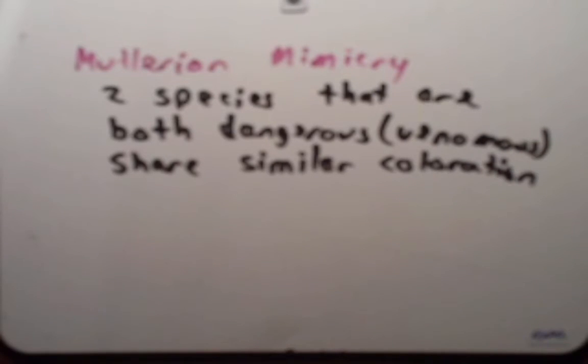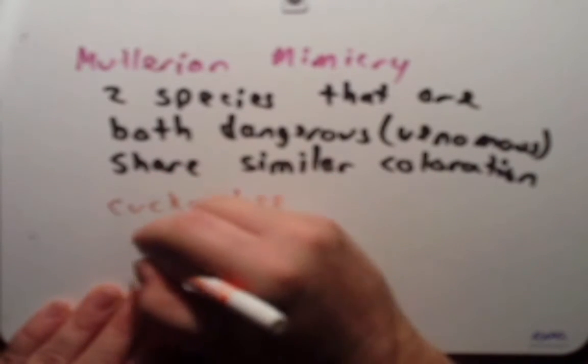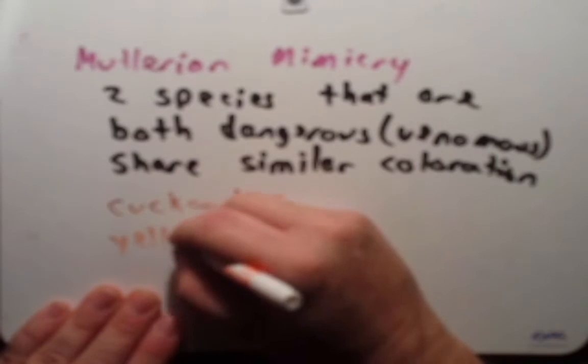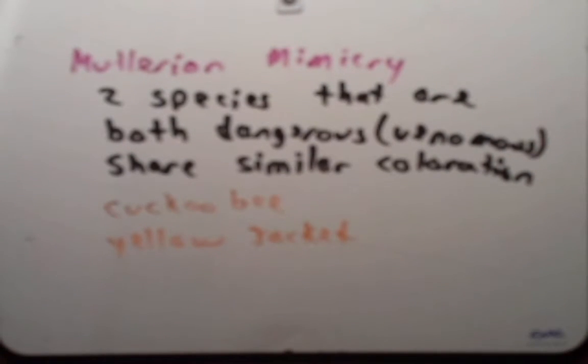The example your book gives, and it's a very classic example, so we'll go ahead and talk about that, is you have two kinds of bees. You have a cuckoo bee, and then you have a yellow-jacket bee, one that we're more familiar with seeing. Both of these bees will sting you. They will both give you a venom, and so you want to avoid both of them.